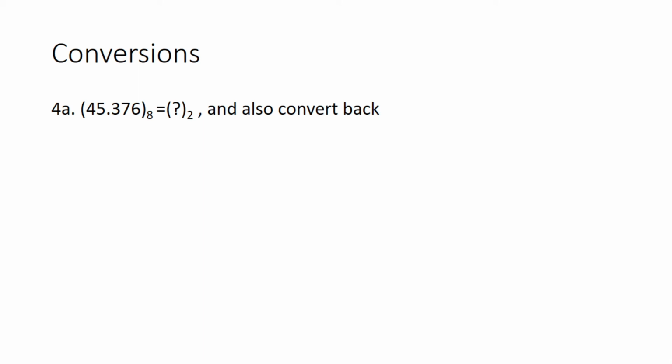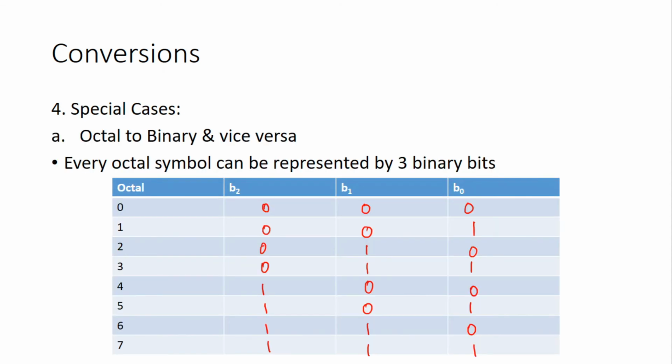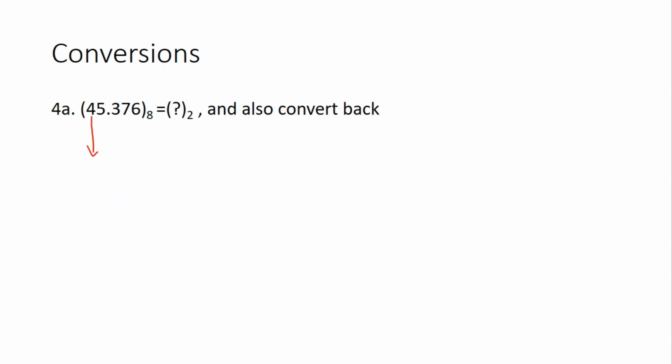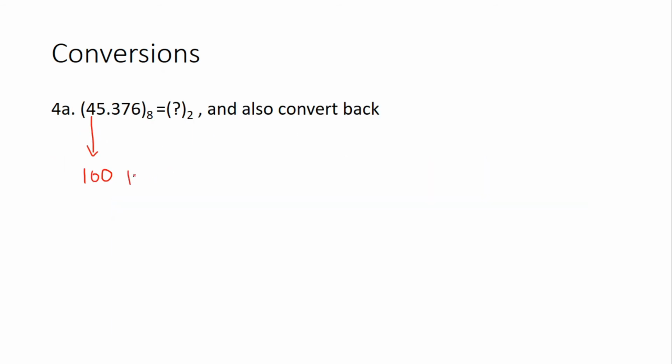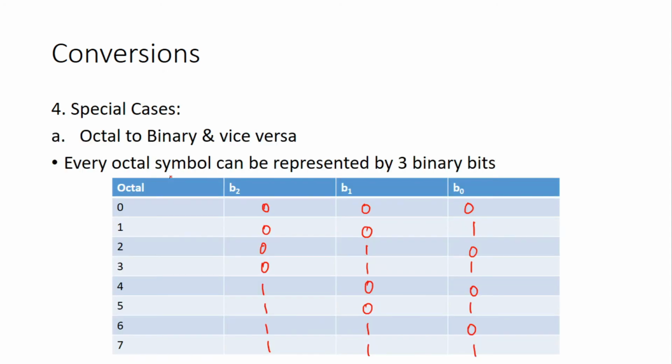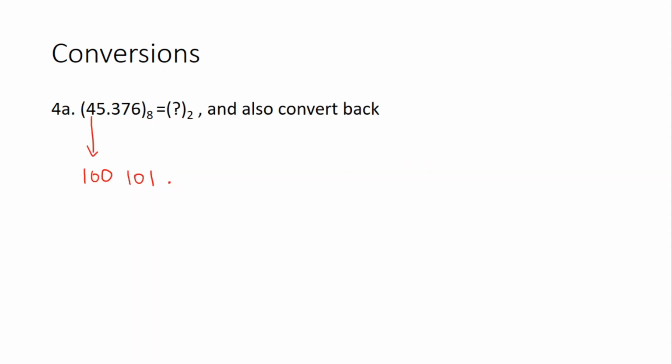So for example, we have 45.356. What we can do is write the direct equivalent of each octal digit in binary. For 4 we have 100, so I'll just write 100. For 5 we have 101, so 101 dot. For 3 we have 011, so 011.